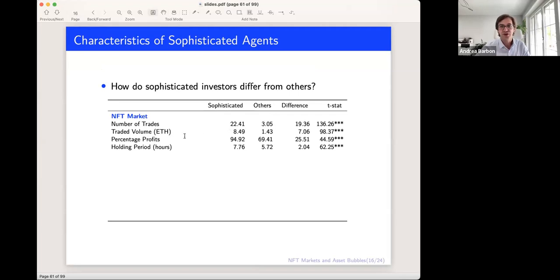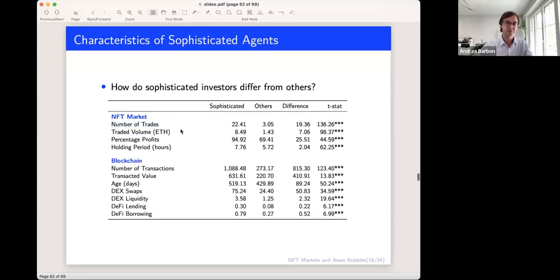And by definition, they make higher profits. They also have a slightly higher holding period, averaging at 7.76 hours, so slightly higher than the non-sophisticated investors. But I think the most interesting thing is that they just trade more and they generate more volume. So they are more active in the NFT market.